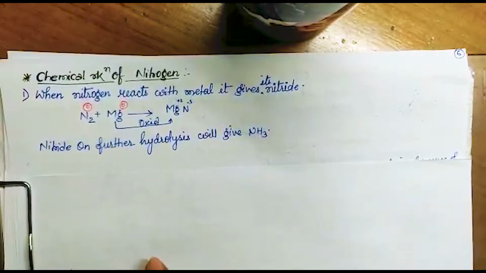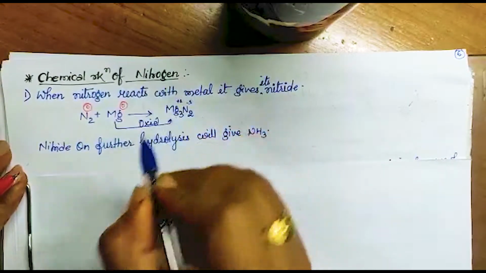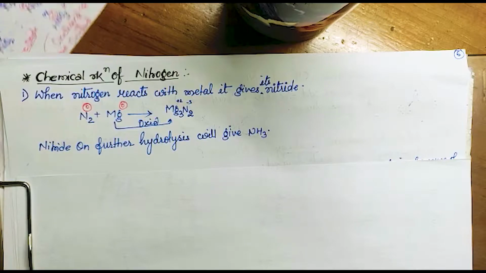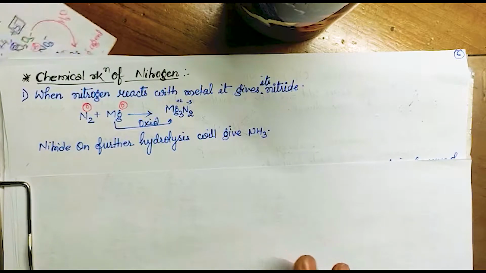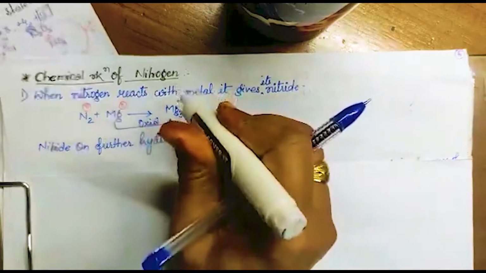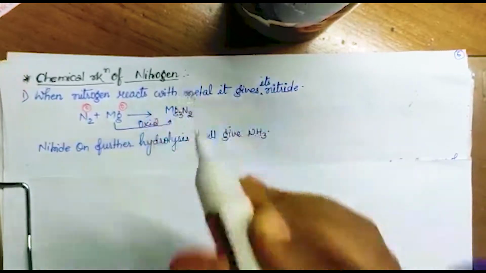So make the compound of this. We can write this 2 over here and this 3 over here. Can we write? Yes or no? Tell me. So this is called magnesium nitride. Okay, now it is clear.